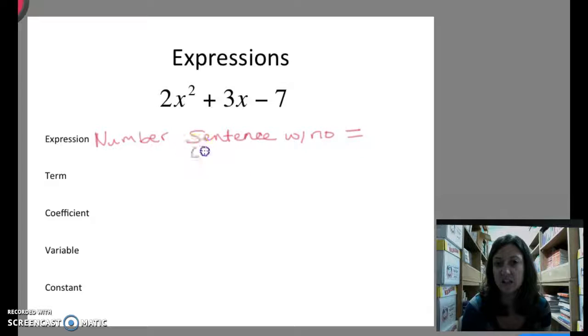So it's kind of like a phrase. You can simplify it, but you can't solve it. A term is a piece of an expression. It's a piece of an expression that's separated from other pieces by a plus or minus sign.